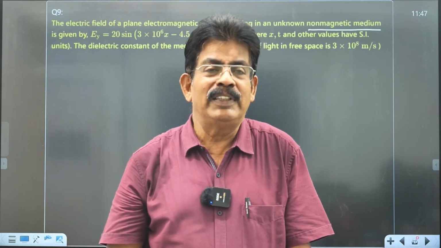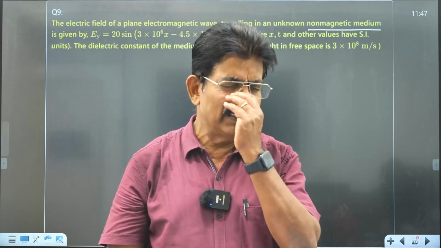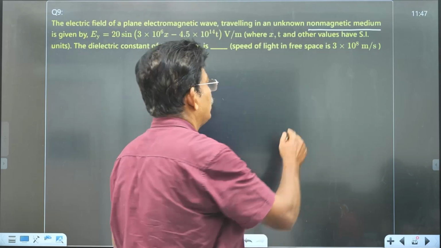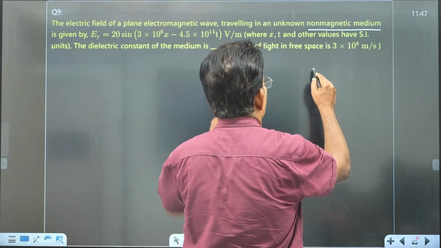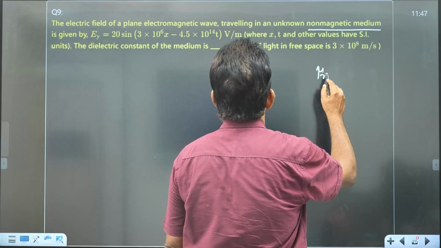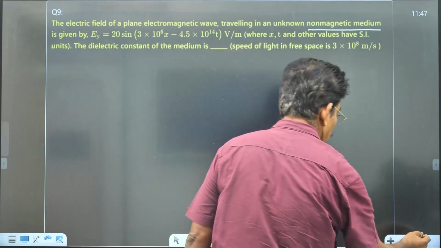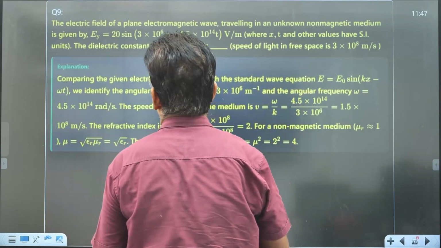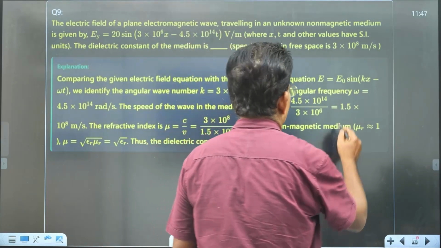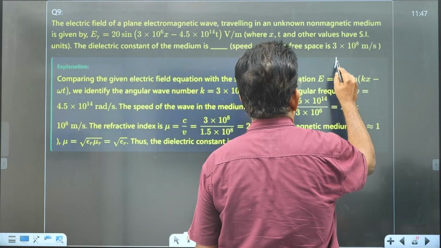So non-magnetic means relative permeability, not permeability, is nearly equal to 1. That's the meaning I can say. Relative permeability mu R, let us go to the explanation. Here, relative permeability we can take as 1.